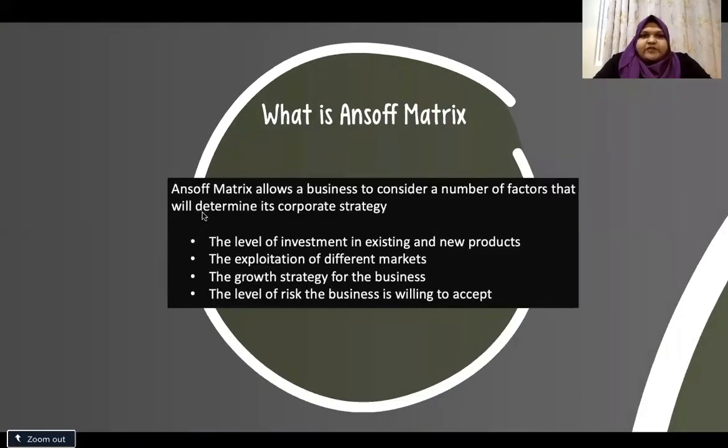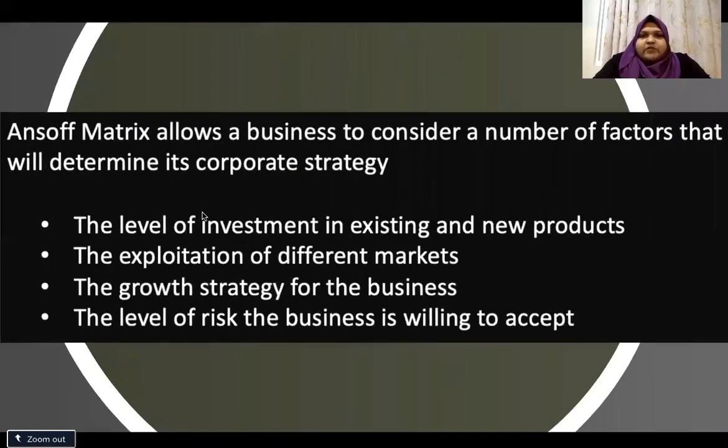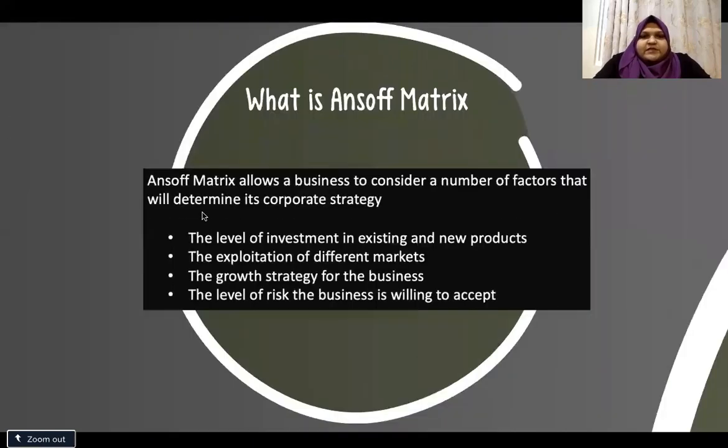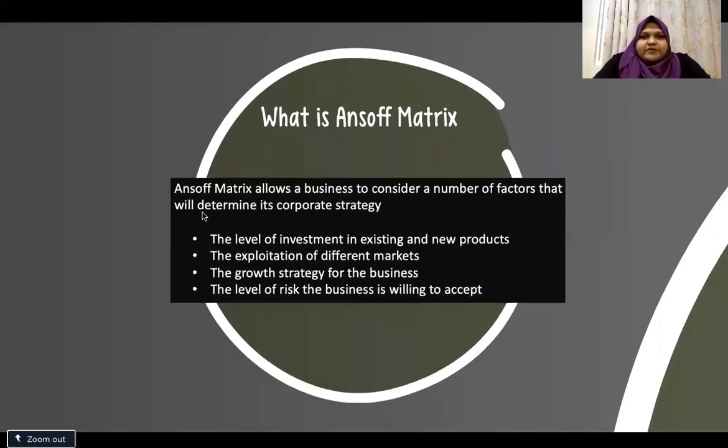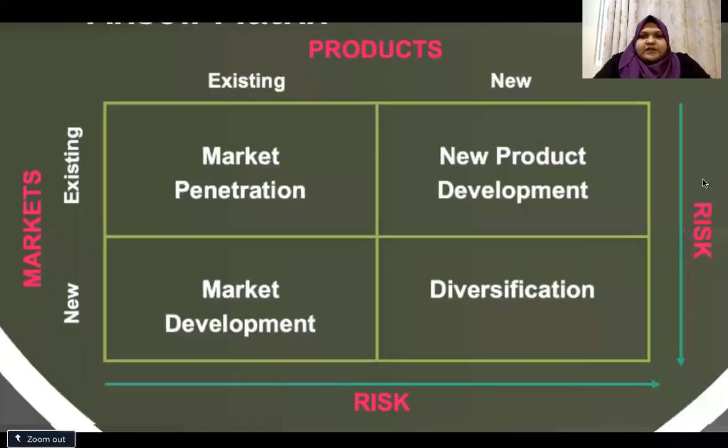The Ansoff matrix allows a business to consider a number of factors that will determine its corporate strategy: the level of investment in existing and new products, the exploitation of different markets, the growth strategy for the business, and the level of risk the business is willing to accept. As you can see from the matrix itself, the risk increases as the arrow moves down, and risk increases as the arrow moves to the right.